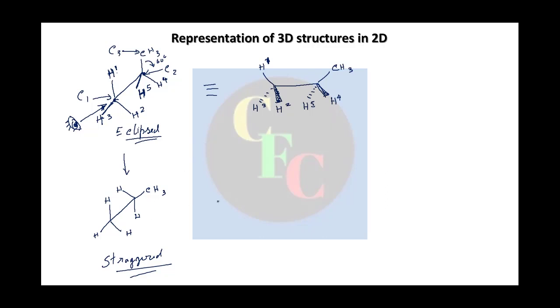Okay, and this one, how will it look? Same thing. This carbon will remain similar. It will not change. All are hydrogens, and we have not rotated it. But in this case it is rotated, right?